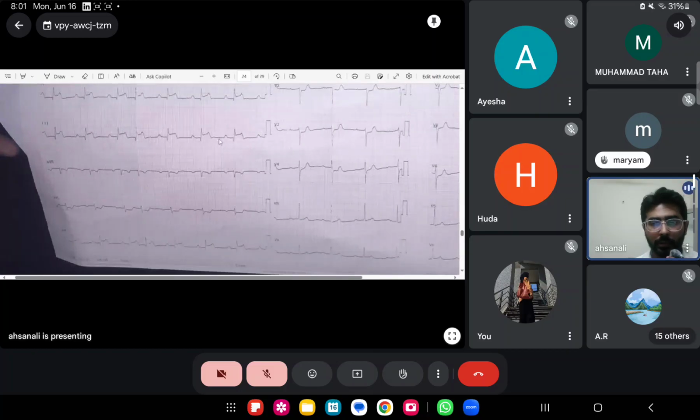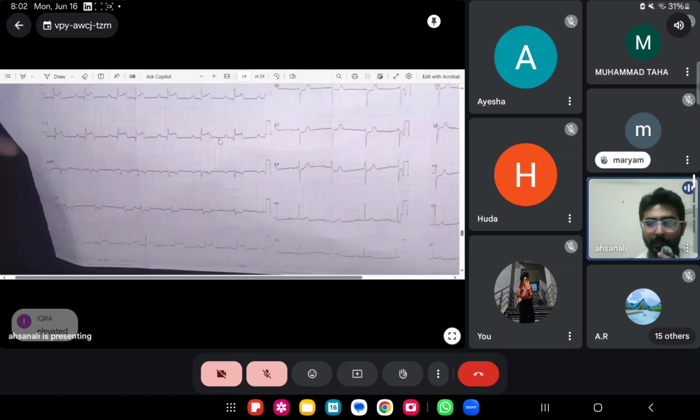So the trick regarding chest pain: if someone is coming with chest pain, you need to look at the ST segments, as we have already discussed. So the ST segment of this patient seems what? Are they above the baseline? Are they below the baseline? Or are they on the baseline? What do you guys think?